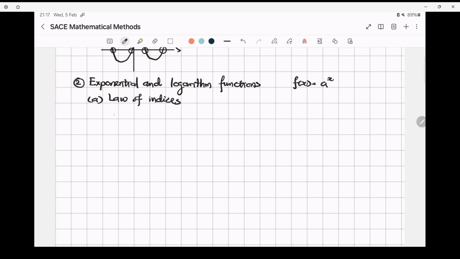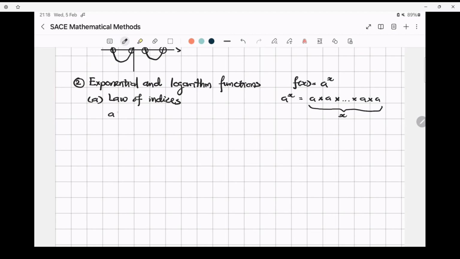So of course, if let's say you have a^m multiplied with a^n, so if it is a multiplication between, okay, I might as well explain first what is a to the power of x. It means that you multiply a x times.